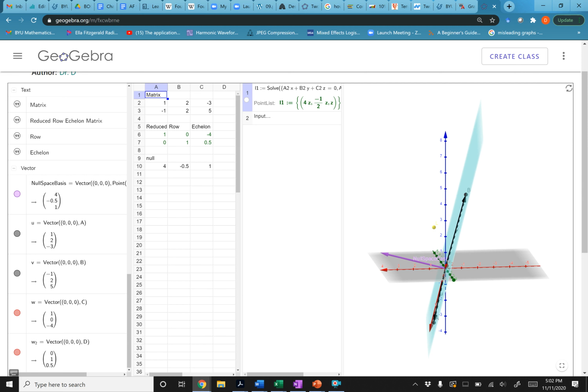So if we're in R3 and I've only got a single dimensional subspace, then the orthogonal complement is going to be two-dimensional. Because I have one dimension in one and two dimensions in the other, it'll add up to R3. Okay, so this is the kind of geometry we are talking about. And this will build up to one really important theorem also.